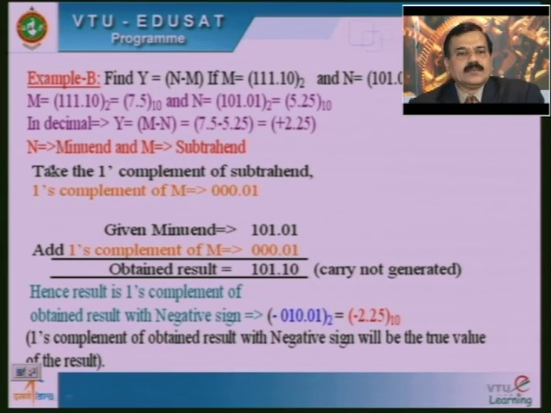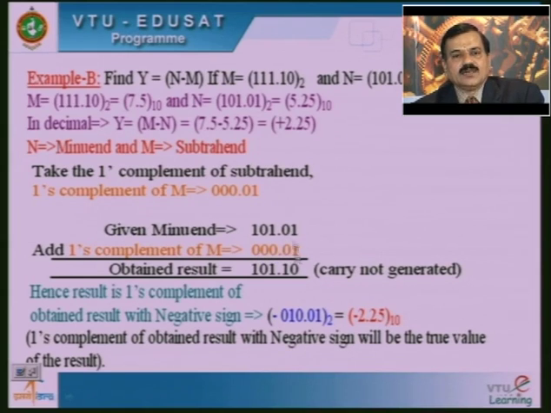Here we take the 1's complement of the subtrahend. The subtrahend value is 111.10... complementing it gives 000.01. If we add that value to the minuend, 101.01 is added with 000.01.